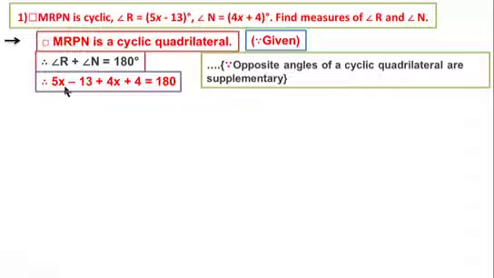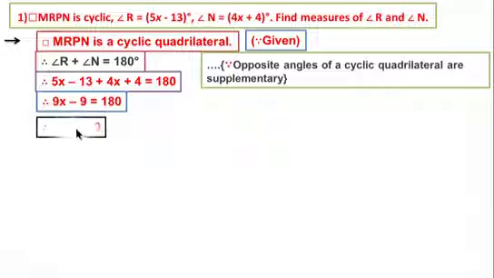Therefore, 5x minus 13 plus 4x plus 4 is equal to 180. Here 5x plus 4x is equal to 9x, minus 13 plus 4 is equal to minus 9, so 9x minus 9 is equal to 180. 9x is equal to 180 plus 9, which is 189, and therefore x is equal to 189 divided by 9.